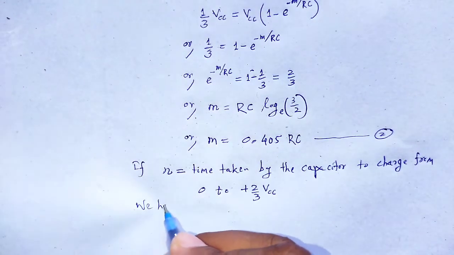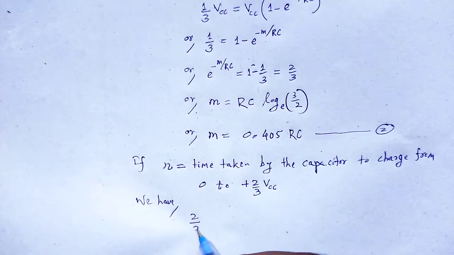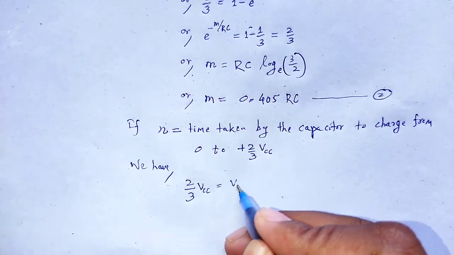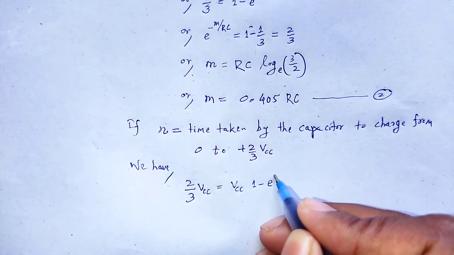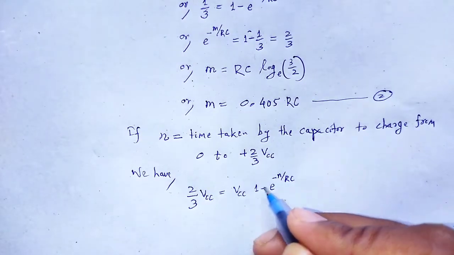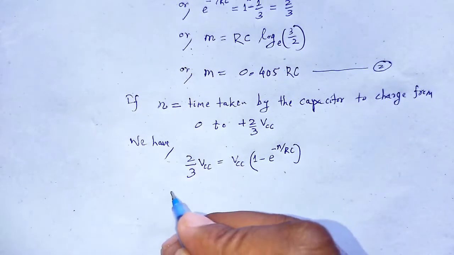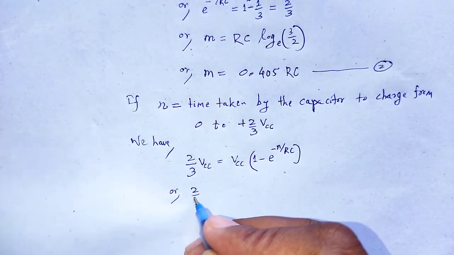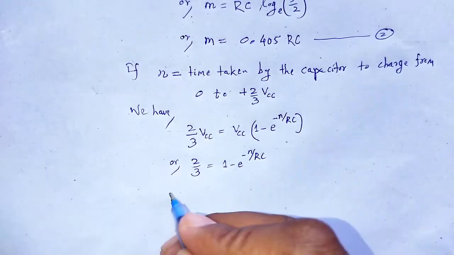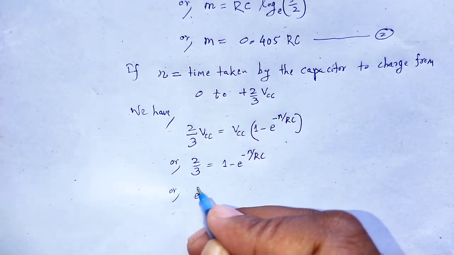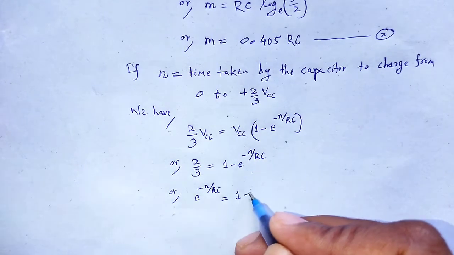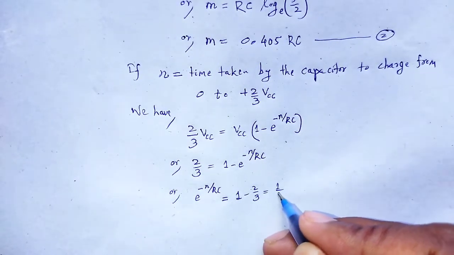We have, in place of Vc, 2 by 3 VCC is equal to VCC times 1 minus e to the power, in place of time small n, minus n divided by RC. VCC cancels out, so 2 by 3 is equal to 1 minus e to the power minus n by RC, or e to the power minus n by RC is equal to 1 minus 2 by 3, which is equal to 1 by 3.